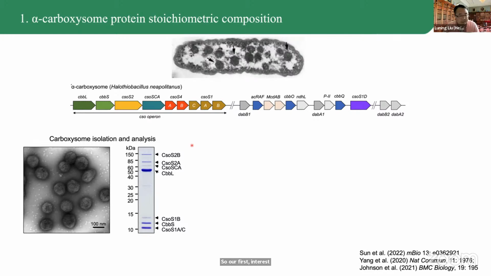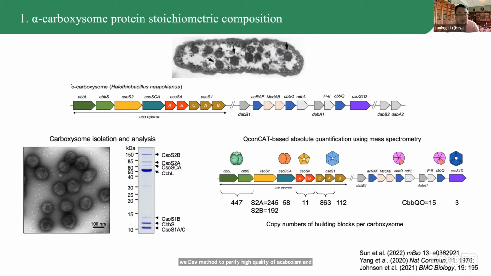So we developed a method to purify high-quality carboxysomes and analyze them using biochemical methods together with Qconcat-based absolute quantification based on mass spec analysis. So we can identify the exact copy numbers of the carboxysome proteins in one carboxysome.